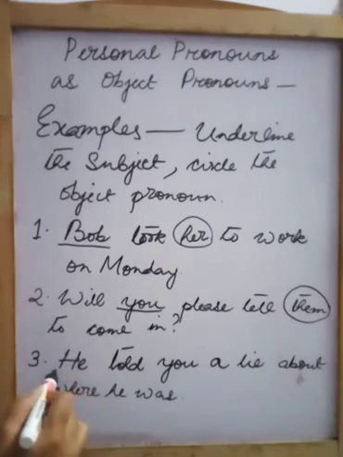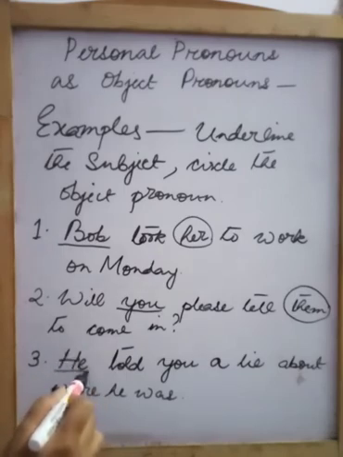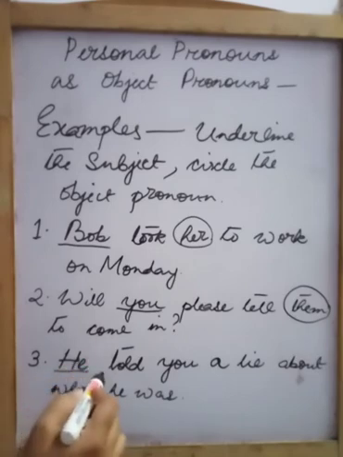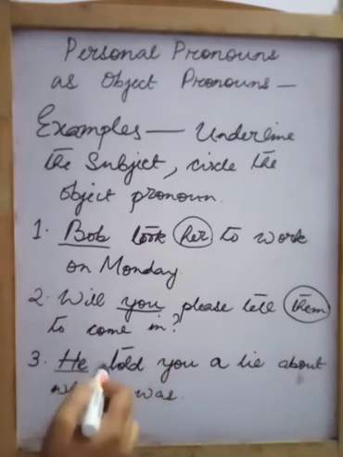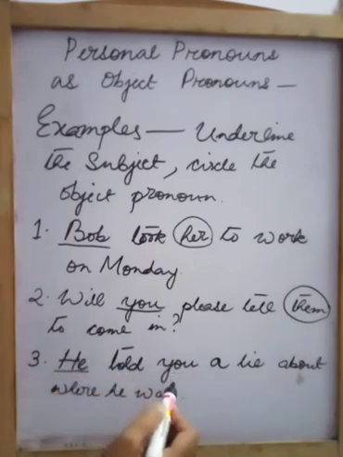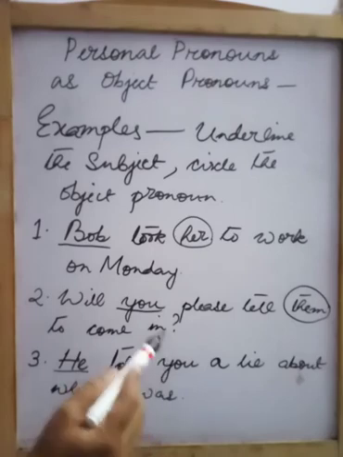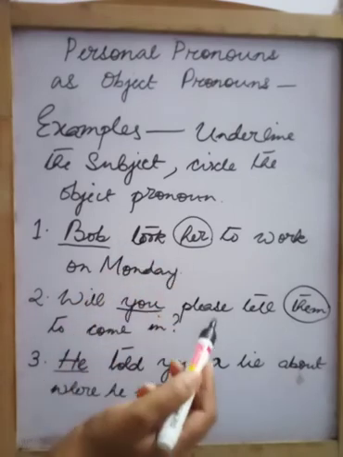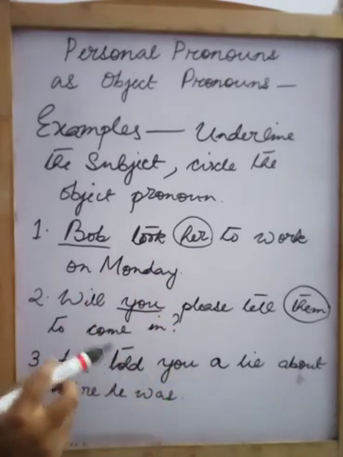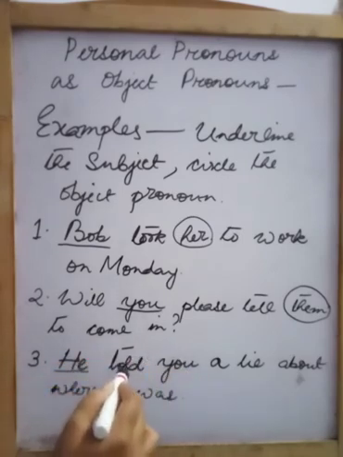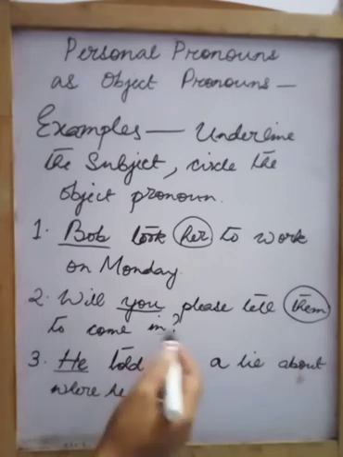Because here we do not have any specific name. Instead of a name, we are saying he. He is a subject pronoun. Then in the sentence, what are we saying? He told you a lie about where he was. You remember I had told you a subject pronoun you, when it is converted to an object pronoun, still remains you. So here he told you means he is the subject, he is doing an action, he is telling. Who is the object?